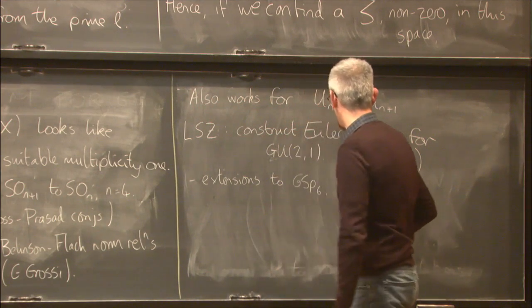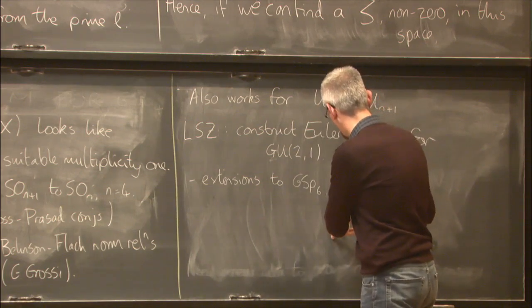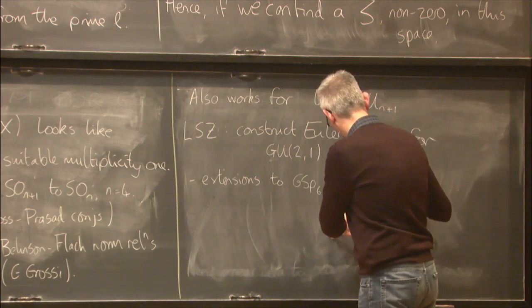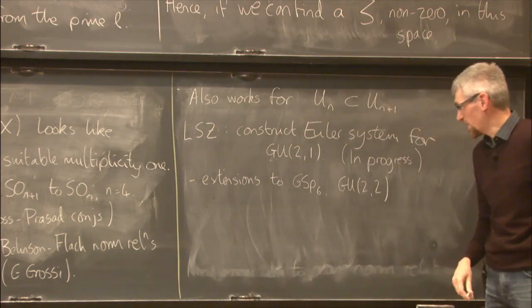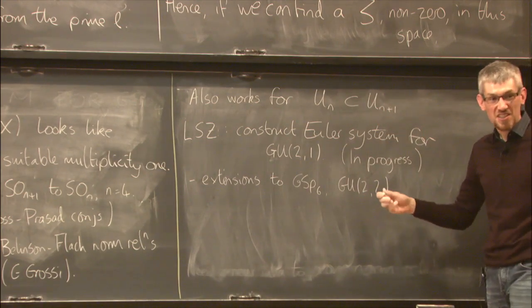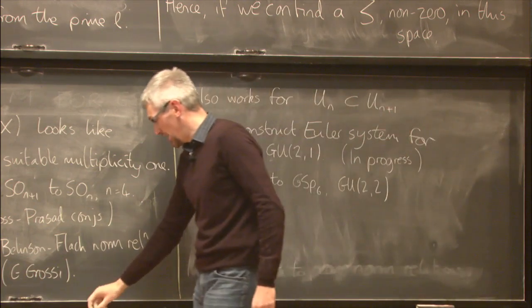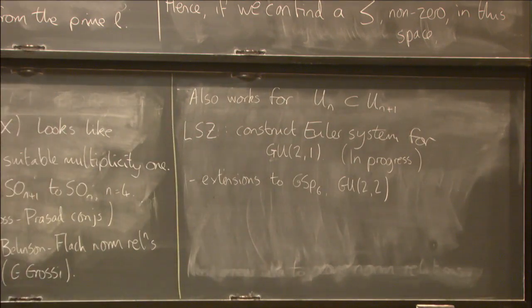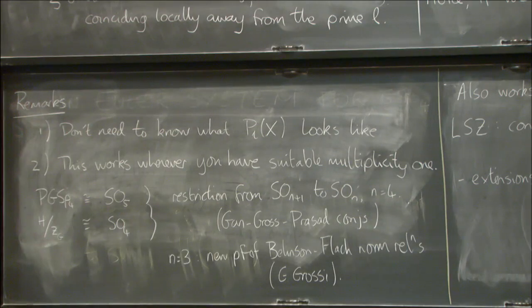For example, there's something you can do for GSp6. We're discussing with Shrenik Shah about whether we can make something work for U(2,2). And there seem to be quite a few examples of Shimura varieties of moderately small dimension where you can use these kinds of ideas to build Euler systems, and where you can use multiplicity 1 results to prove the norm relations with very little work.